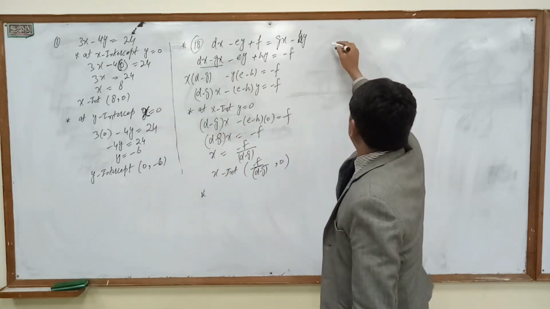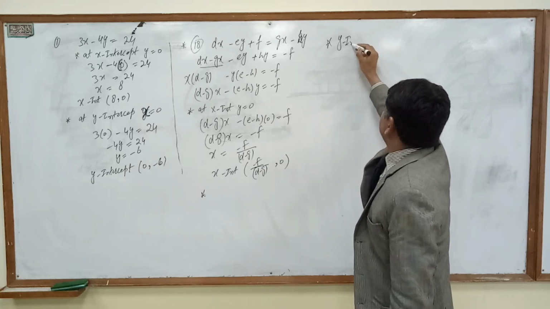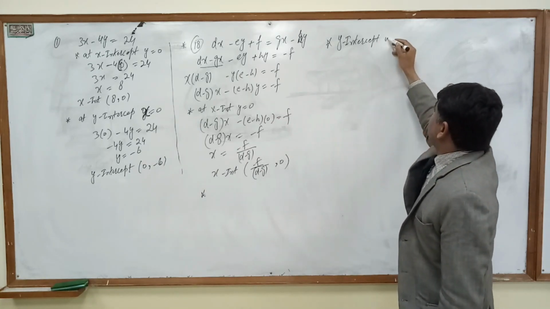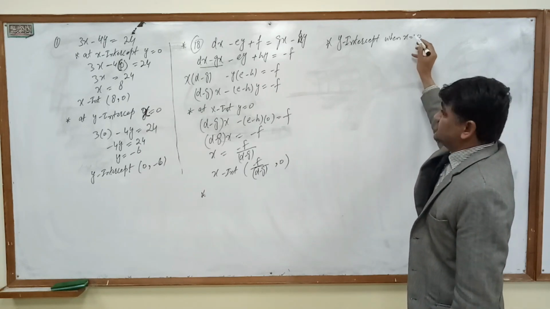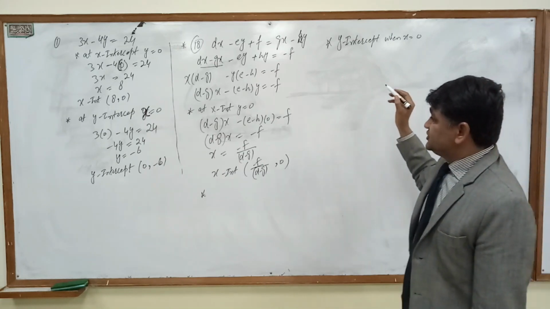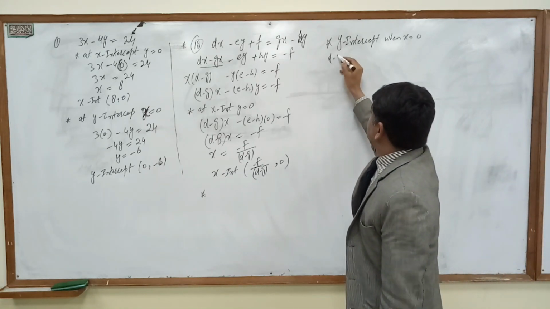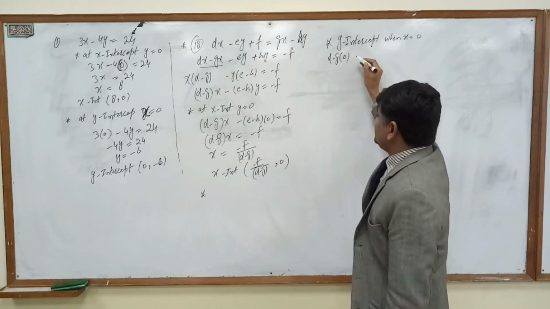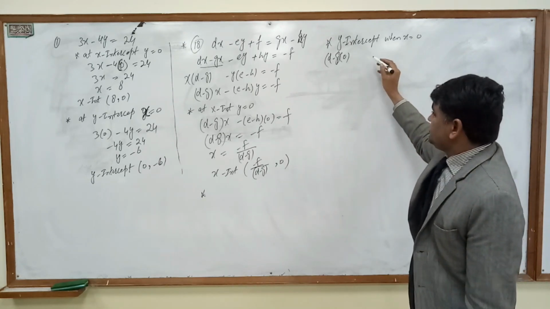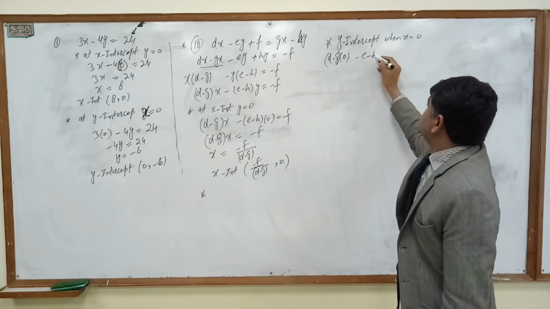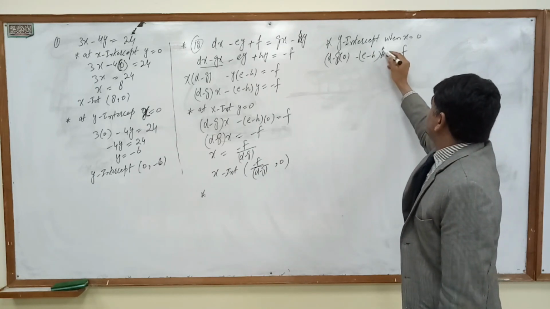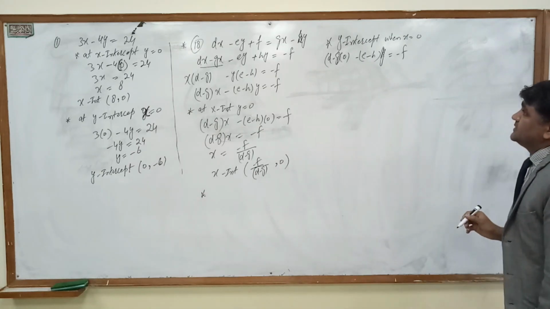Here we can find the y-intercept of this question. At y-intercept, x is equal to 0. So d minus g into 0 minus e minus h into y is equal to minus f.